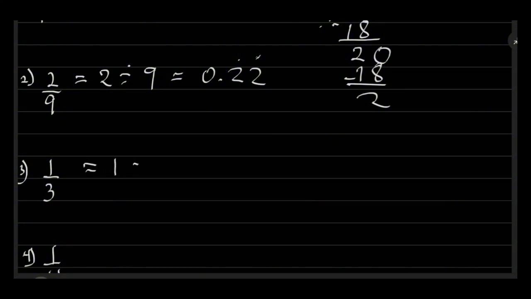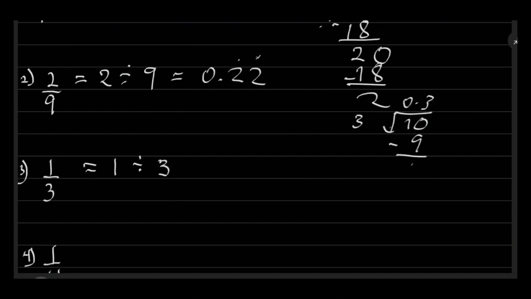I believe the same is going to happen for question 3. So this would be 1 divided by 3. So we could rewrite that here. 3 is dividing 1. 3 into 1 would be 0. We introduce our decimal point and then bring it here. 3 into 10 will be 3. 3 times 3 is 9.